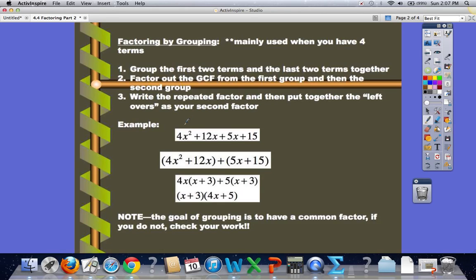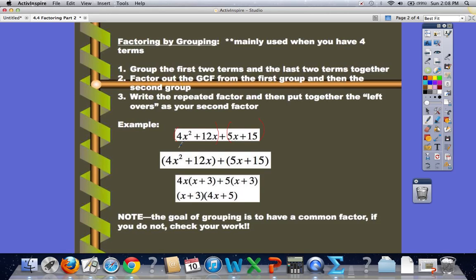You're given the polynomial 4x squared plus 12x plus 5x plus 15. You're going to want to group the first 2 and then group the last 2. That's exactly what we've done here. You have 4x squared plus 12x in one group and then the other 2 in the other.